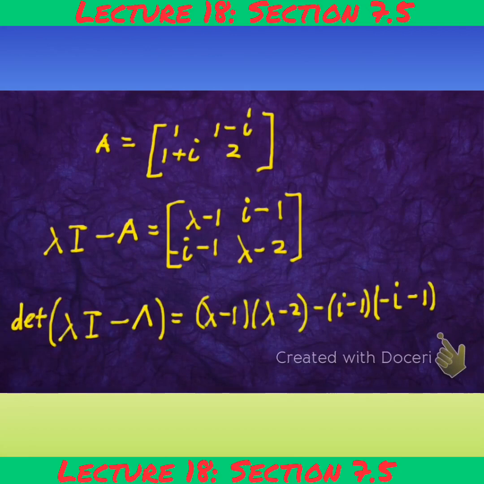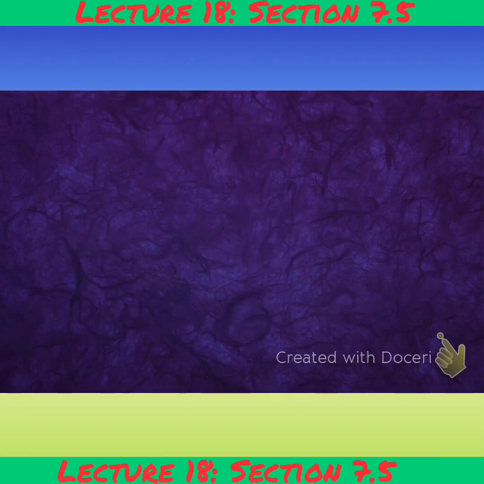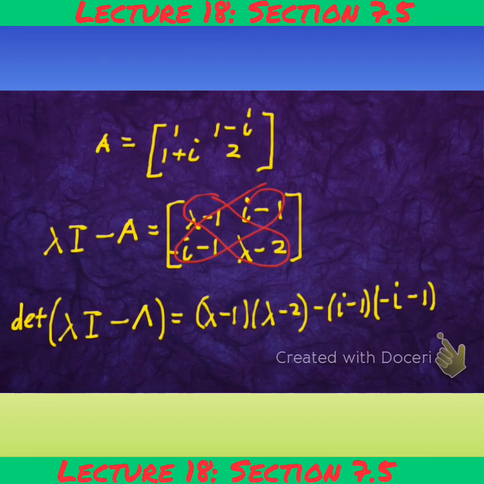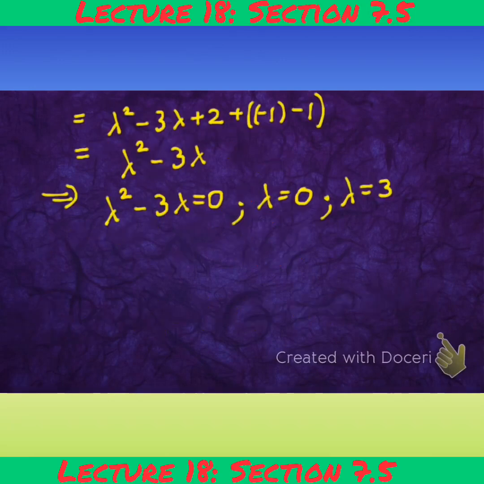Right, so the determinant of that is straightforward. That multiplied with that minus that multiplied with that. Okay, so there you get your two terms. And then simplifying that, we get this here. And setting that equal to 0, we find our eigenvalues. Lambda equals 0 and lambda equals 3.